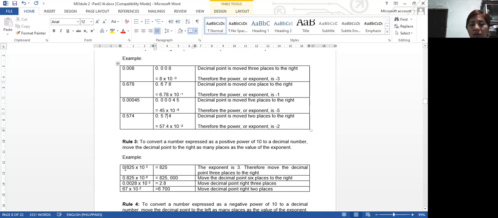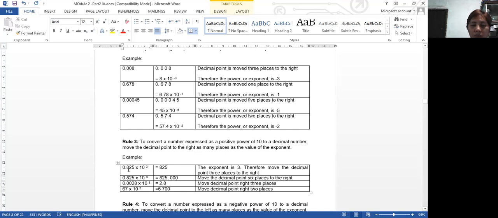For example, if we are going to convert 0.825 raised to the third power, or 10 cubed, into a decimal number, we just have to move the decimal point 3 places.